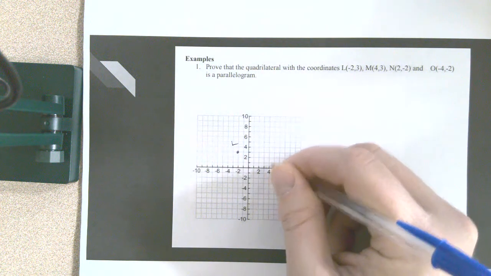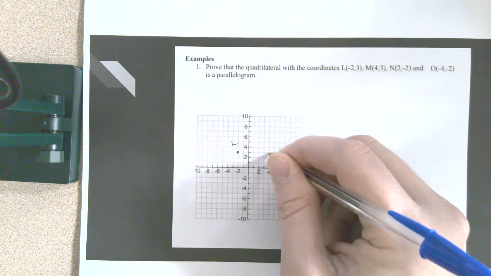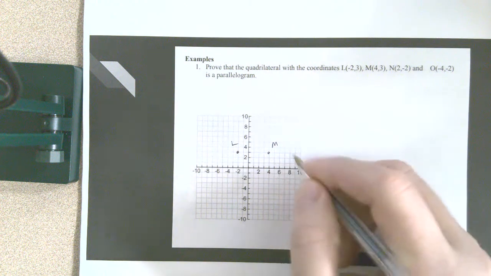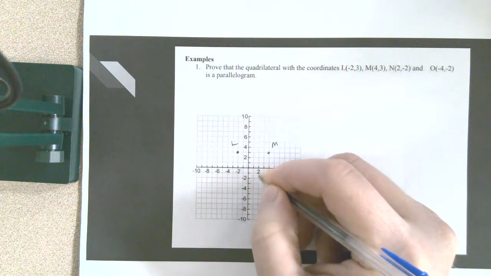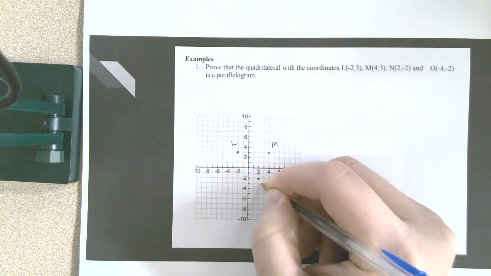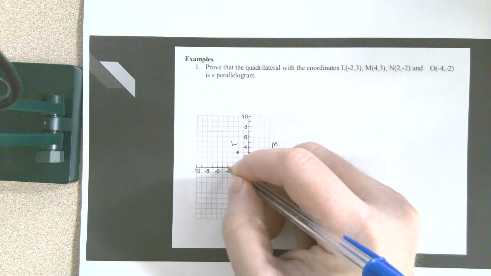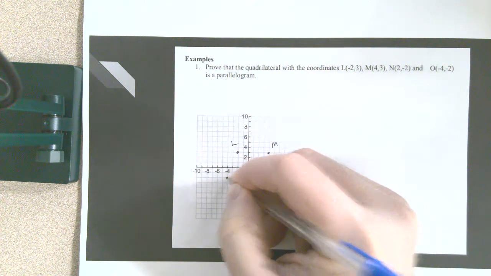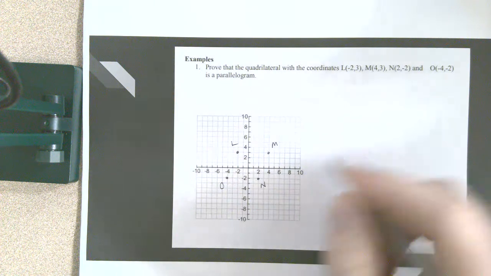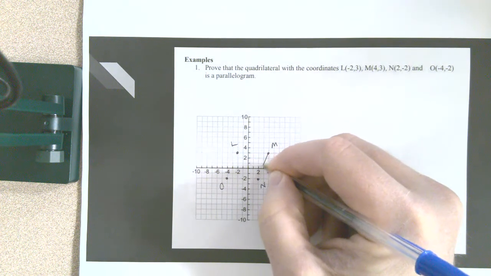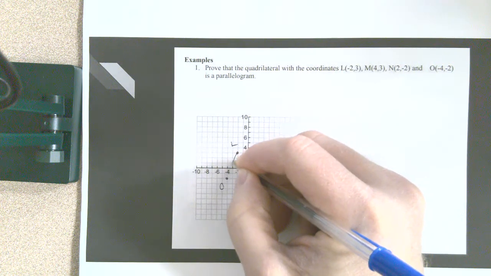M is 4, 3, so I'm going to go right 4 and up 3. N is 2, negative 2. And O is negative 4, negative 2. Once you plot your 4 points, we're going to go ahead and connect the dots and draw in our shape.